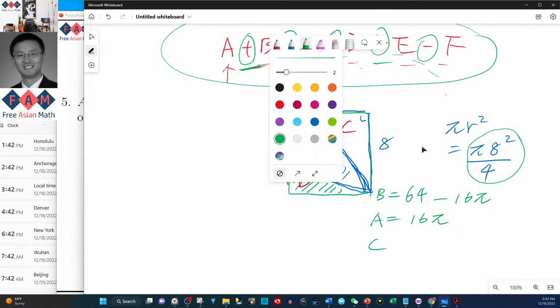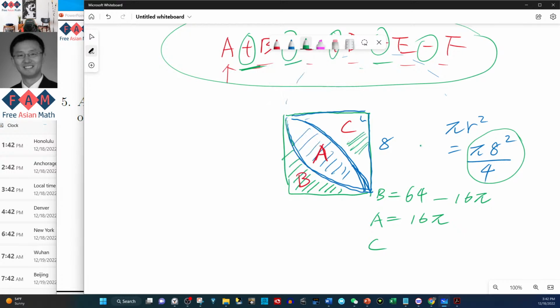Because area C now is just this portion of the square. So C must also be 64 minus 16 pi. That gives us the direction for finding area A.